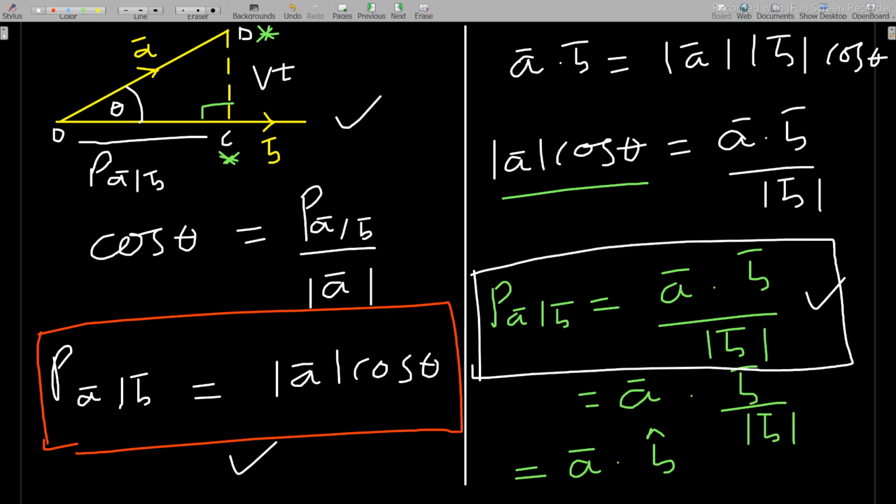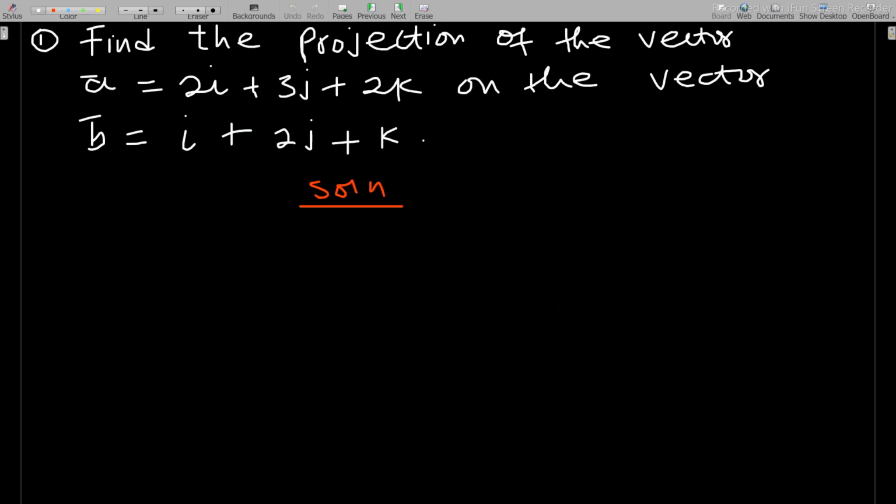If it was the projection of B onto A, like I told you, this would have been a different case altogether. Okay, so let's pick an example and go through. Find the projection of the vector A, which is given as that, on the vector B, which is that.